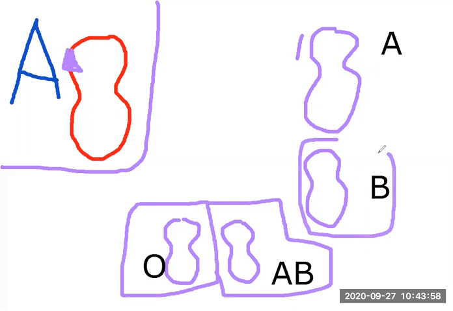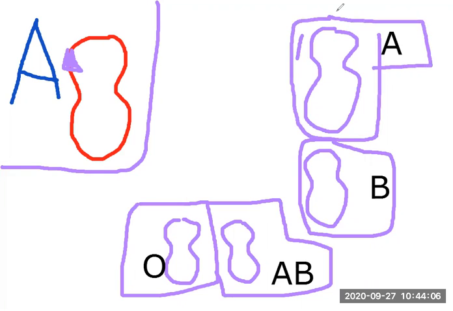Now you locate first of all their antigen, that means the so-called sugar polymer. What about an A blood group person? What sugar polymer is present? A. Very good. A sugar polymer is present. Now, what about a B blood group person? B sugar polymer.